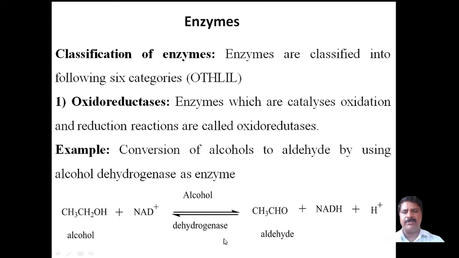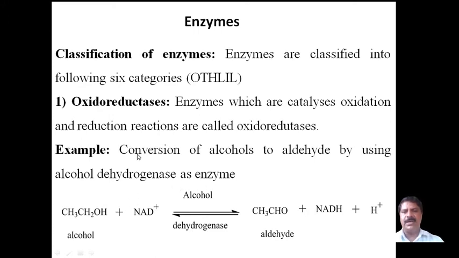Alcohol dehydrogenase acts as a catalyst to form an aldehyde plus the reduced form NADH, and one hydrogen ion H plus is liberated. Therefore, this is the conversion of alcohol to aldehyde by using alcohol dehydrogenase as an enzyme.